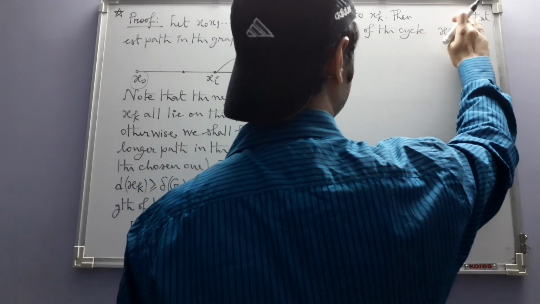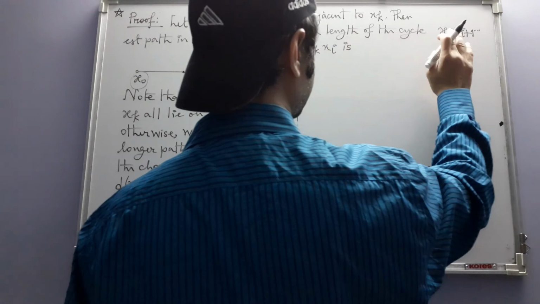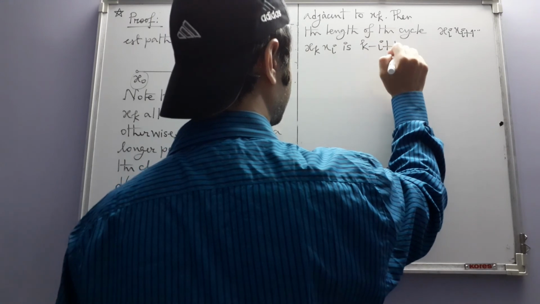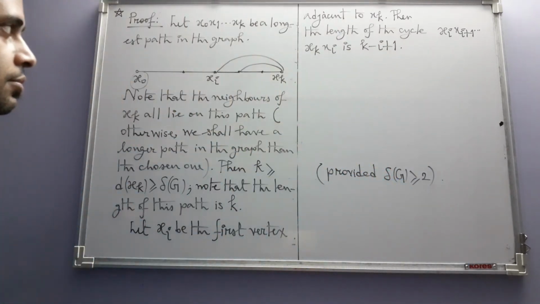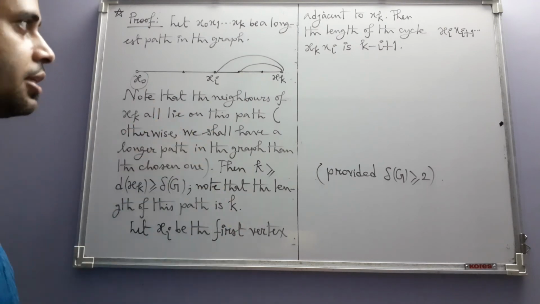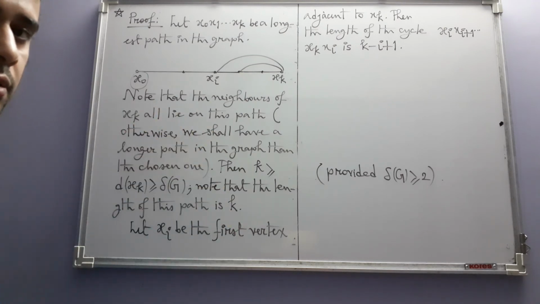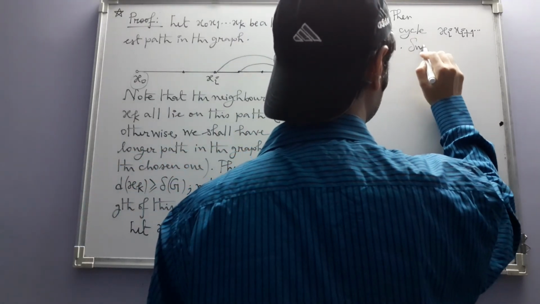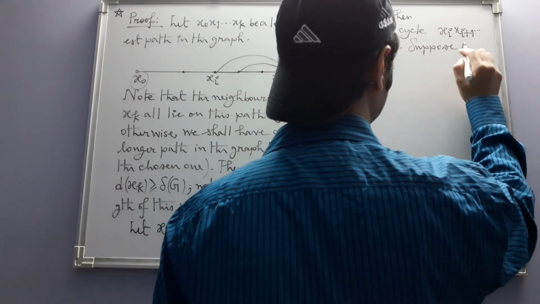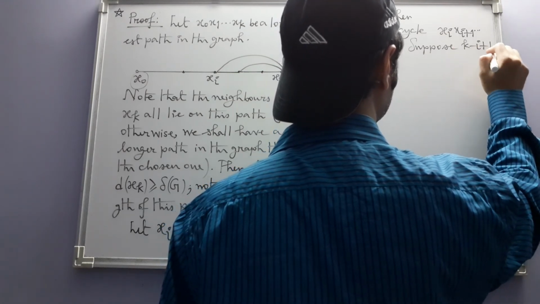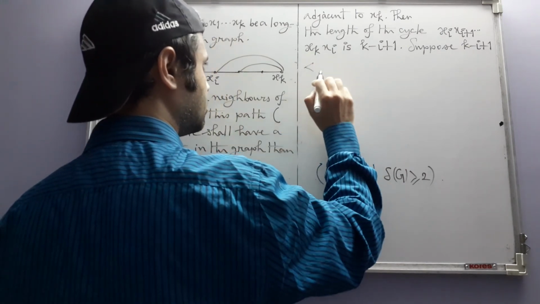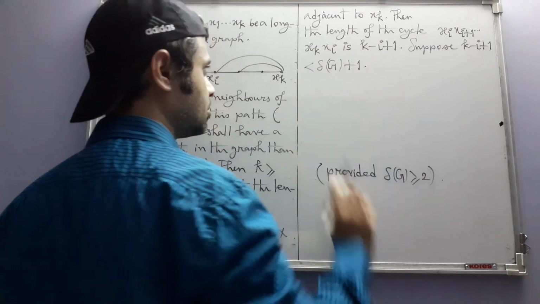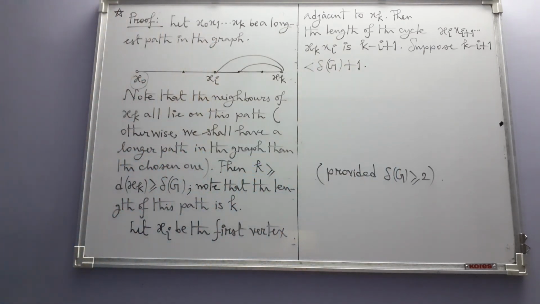Then the length of the cycle is k minus i plus 1. Our claim is that this k minus i plus 1 is actually greater than or equal to delta g plus 1. Suppose, contrary to that, k minus i plus 1 is strictly less than delta g plus 1.